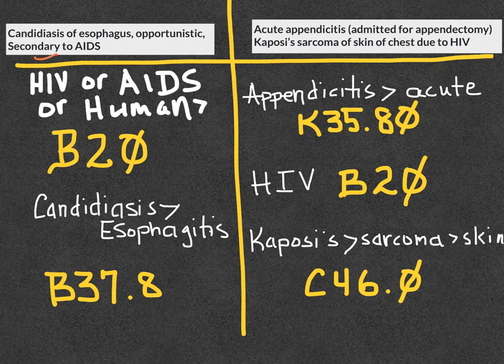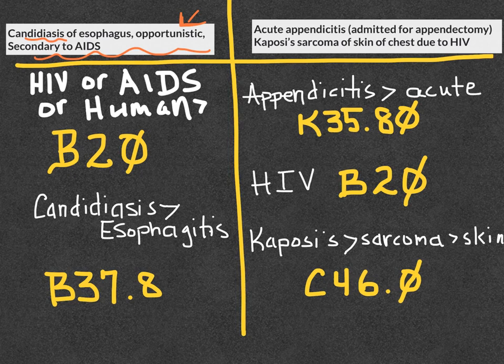We find candidiasis of esophagus, opportunistic, secondary to AIDS. Opportunistic just means as a result of the AIDS, this candidiasis was able to take the opportunity to move in and develop because the immune system has been suppressed due to the AIDS. So that's what opportunistic means.